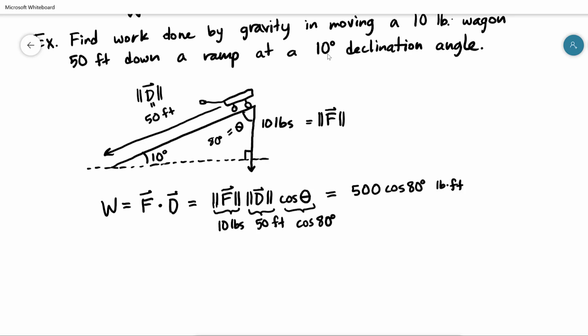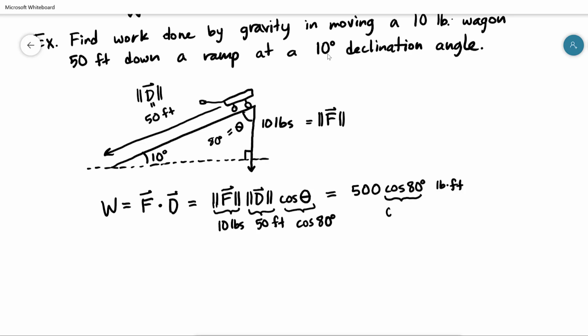If we want an approximation for this, I'll need to know what the cosine of 80 degrees is. That's pretty close to a 90-degree angle. It shouldn't be a big number. It's definitely less than a half here. So let me do that real quickly. What is the cosine of 80 degrees times 500? And the cosine of 80 degrees must have been a little less than 0.2, 0.1 something.